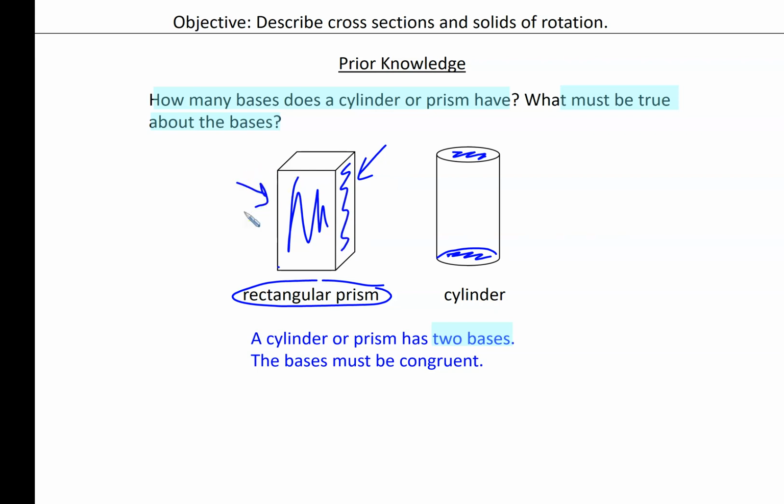What also has to be true about whatever bases you use for a cylinder or prism is that they have to be congruent to each other. So same size, same measurements, same shape, all those kinds of things. That is helpful when we are constructing a net from a solid such as a rectangular prism or cylinder.